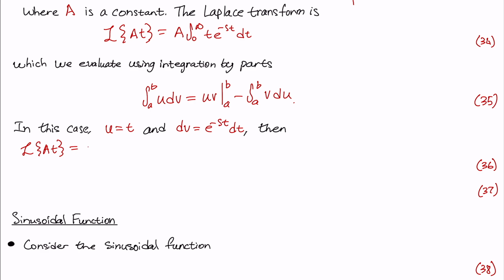equal to, pull out this a, we're going to get t times e to the minus st divided by minus s, evaluated from 0 to infinity, minus the integral from 0 to infinity of e to the minus st over minus s, dt. There's also a minus sign in that first portion.